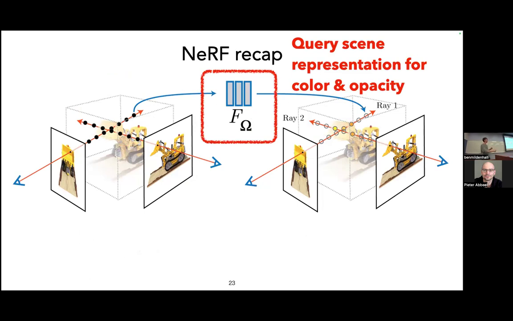We pass those points through some 3D representation that gives us an output color value and an output opacity value, which essentially represents the geometry of the scene. Over the course of convergence, this opacity goes from transparent and mushy to something pretty binarized, either 0 or 1. So you're marching along the ray, and at each point you ask, is there a shape here? And if there is, what color is it?